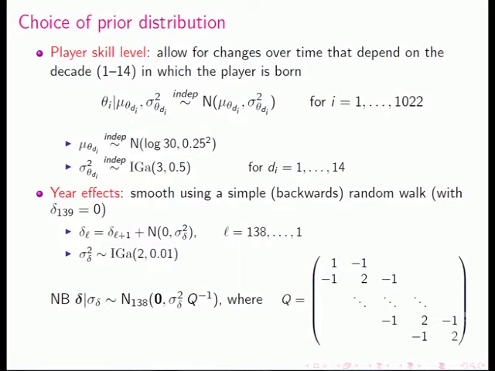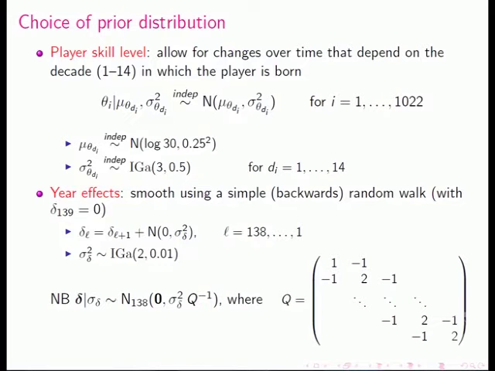It's allowing for different eras in time. And we're going to say that this is a continuous quantity. It's going to have a normal distribution, and we can specify the mean and the variance of these different decades. And we've got some priors on these things, so we've got a hierarchical prior here. So that's for all 1,022 batsmen.